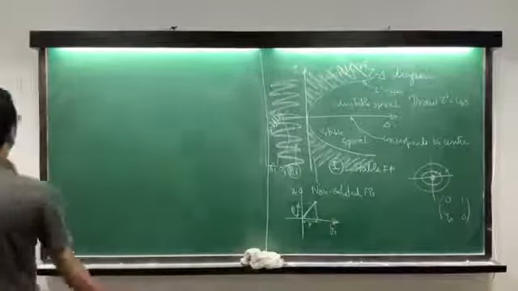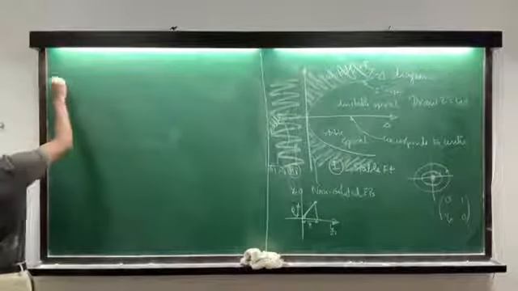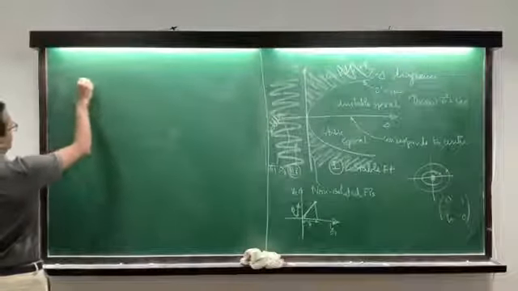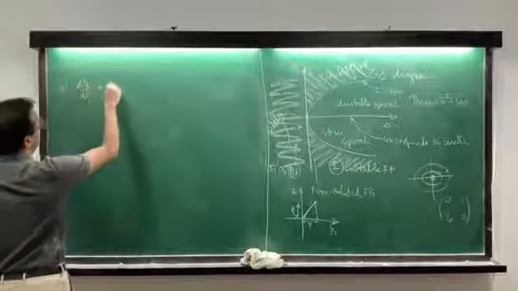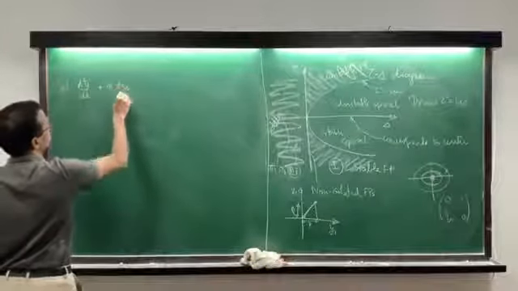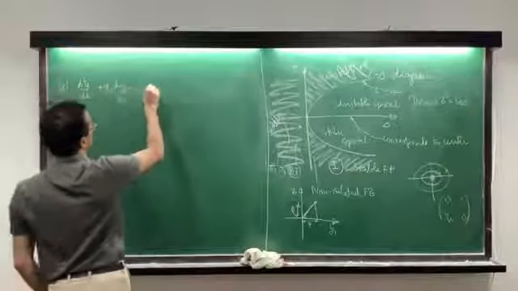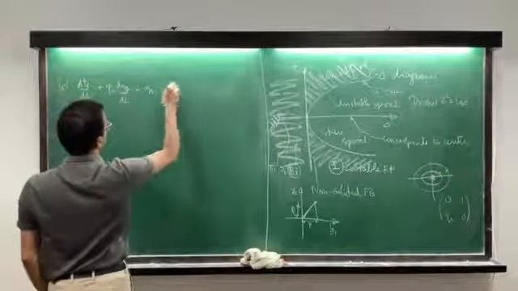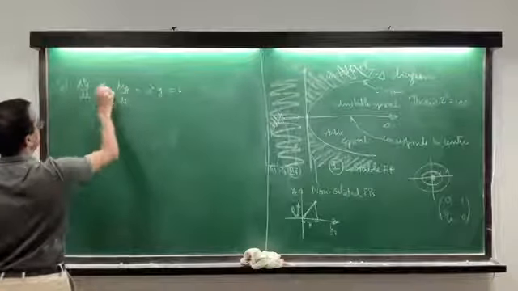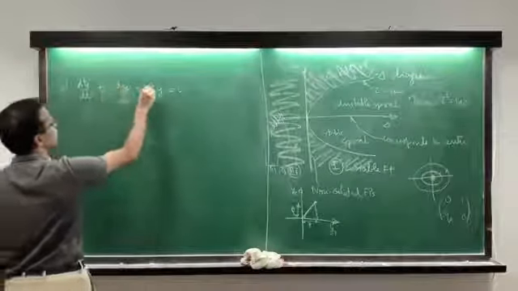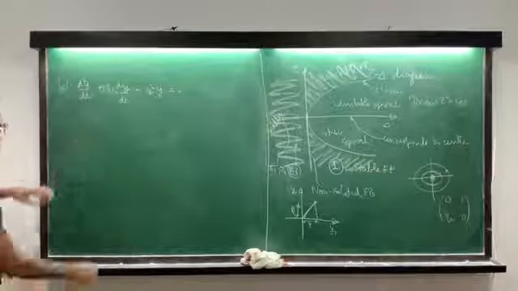Okay, good. So let's work out an example. So let's say I have this equation, d square y by dt square plus p0 dy by dt plus q0 y equals 0. Let me change this to omega n square, and this is 2 xi omega n. So this is a spring mass damper system.